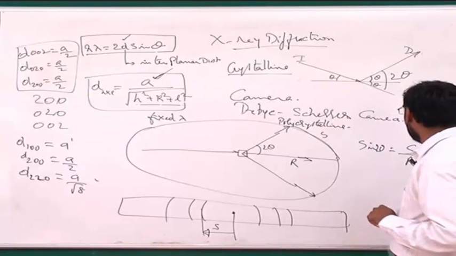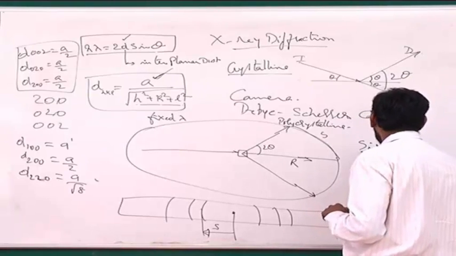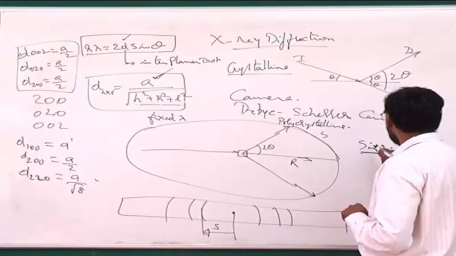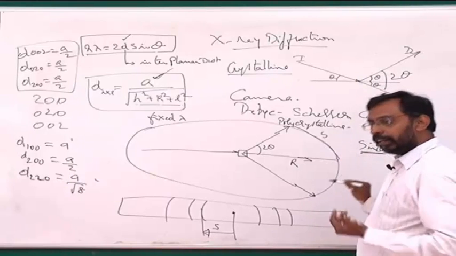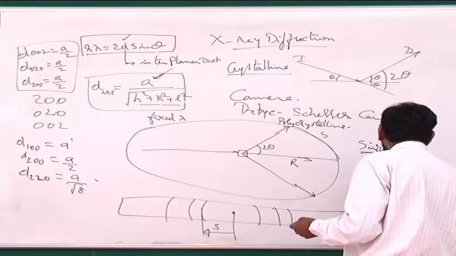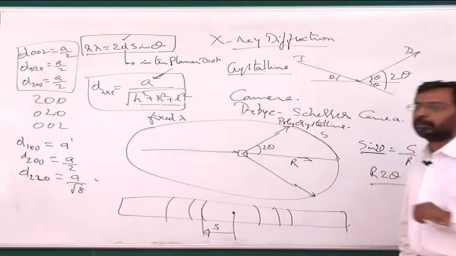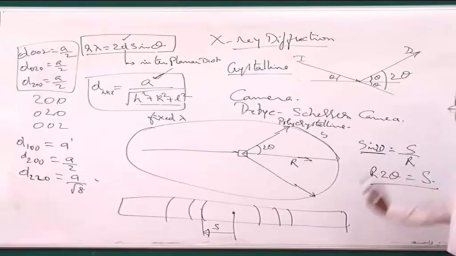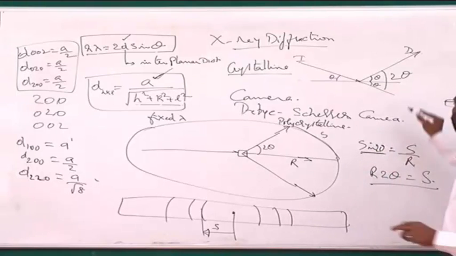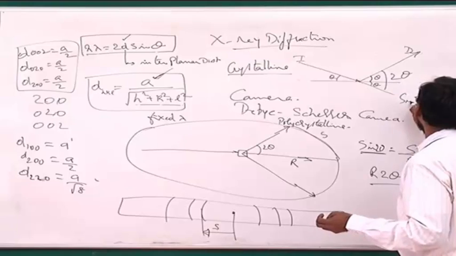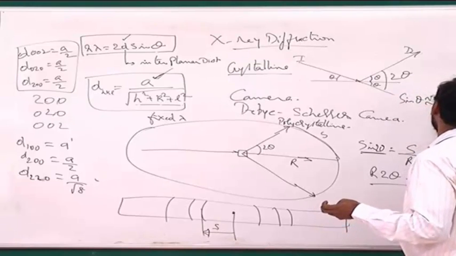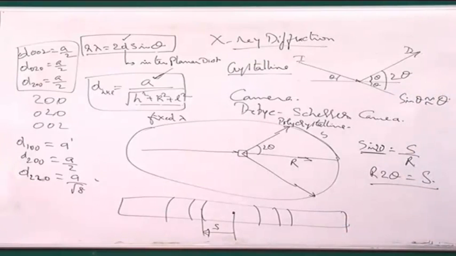For small angles, I can assume sine theta is equal to theta. So people usually write it as R 2 theta is equal to S. This is only valid for smaller angles. Whenever angles are smaller, sine theta can be approximated to theta. All of us know this.